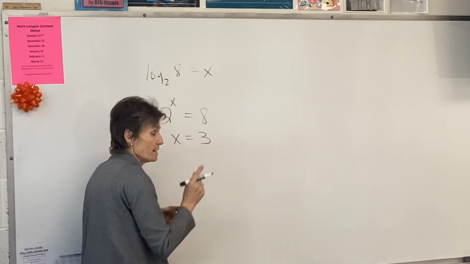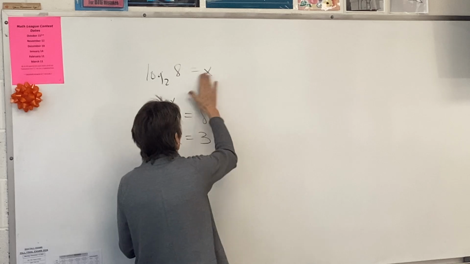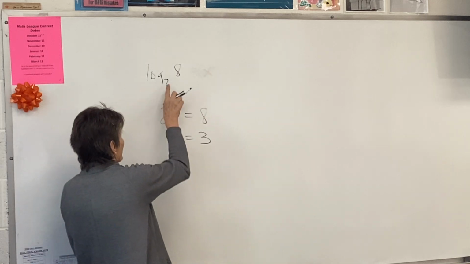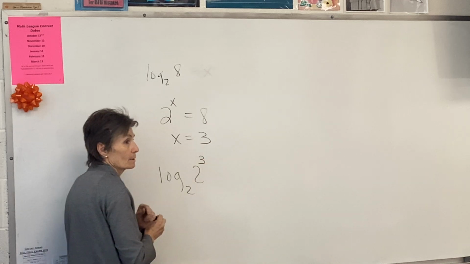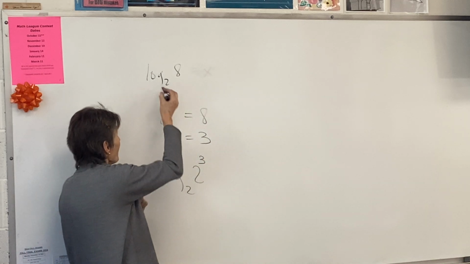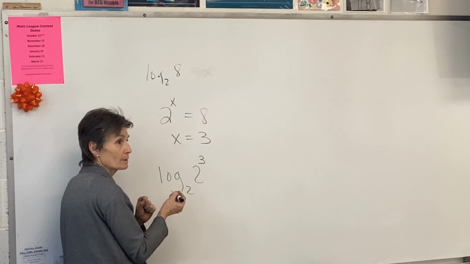Now another way, and this is kind of an important property we should talk about, is we all know that 8 is 2 cubed. So the problem is really find the log base 2 of 2 cubed.